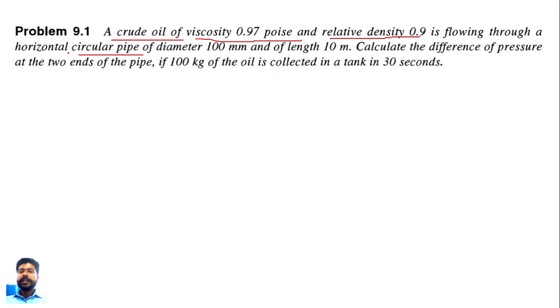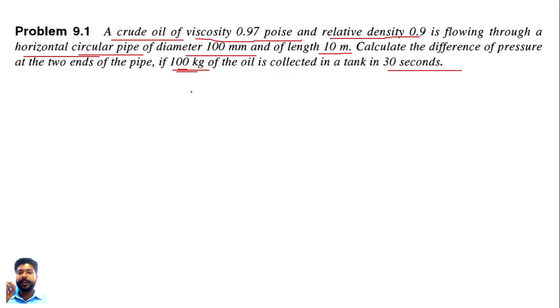The fluid is flowing through a circular pipe having a diameter of 100 mm and a length of 10 meters. Calculate the difference of pressure at the two ends of the pipe. We need to find the drop of pressure, that is P1 minus P2, at the two sections of the pipe if 100 kg of oil is collected in the tank in 30 seconds.